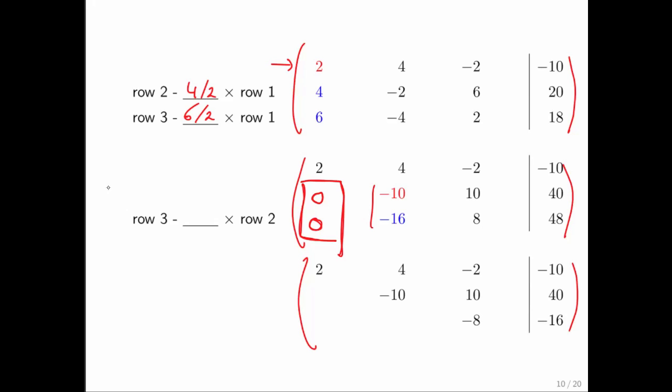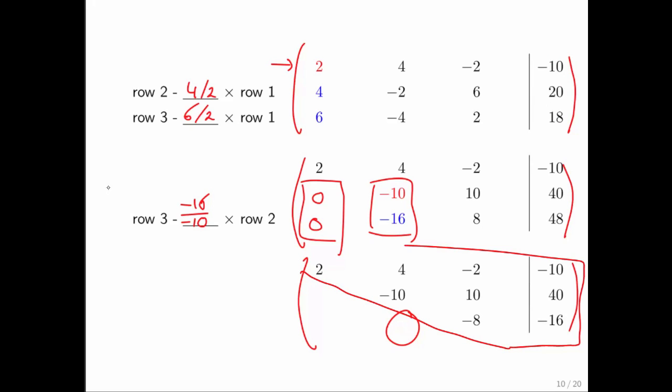And then in the next step, we look at these coefficients right here. We compute the multiplier by taking minus 16 divided by minus 10. And then we eliminate this coefficient right there. And then what we have here simply represents our upper triangular system of equations.